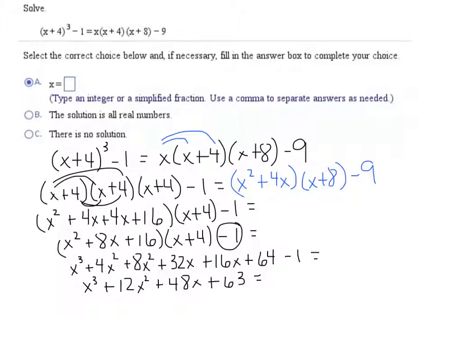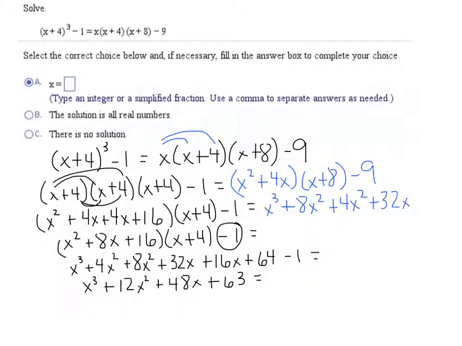So I'll have x cubed plus 8x squared. So I've distributed my x squared. Now I'm ready to distribute the 4x. So plus 4x squared plus 32x.